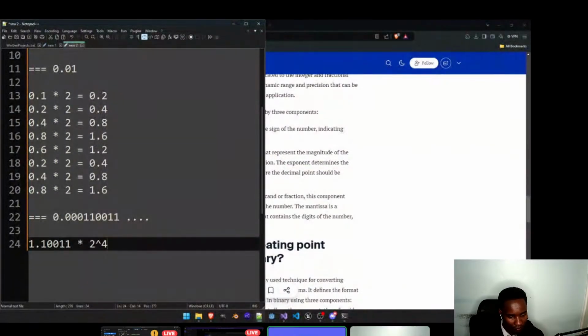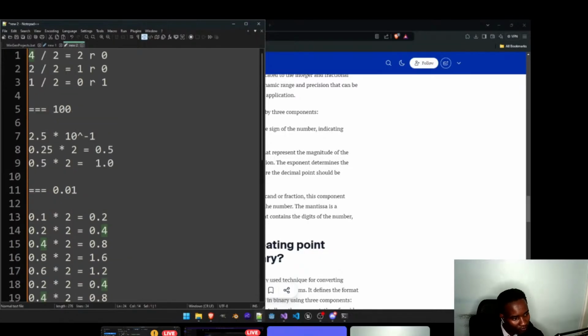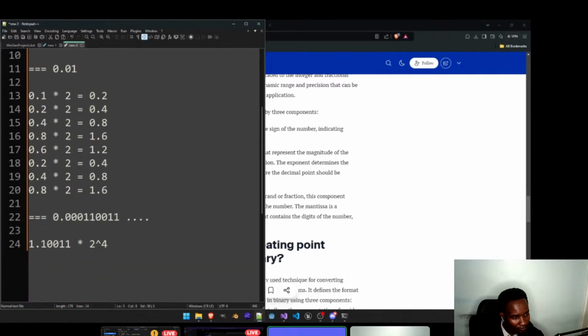Then you notice for this one, even though we're moving in this direction, this will still be positive, not a negative like in the decimal, because it's kind of like we have inverted it. So the same way that when we're calculating the binary for a whole number, we are dividing, when we're calculating for a float number, we are multiplying.